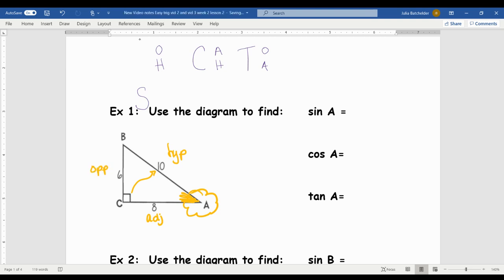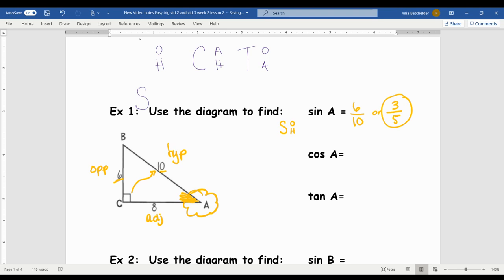So if we're looking for the sine of angle A, sine is opposite over hypotenuse. We want the opposite side, that's 6, over the hypotenuse, and that's 10. Because we can reduce this, we divide by 2, and we get 3 over 5. That would be our sine ratio.